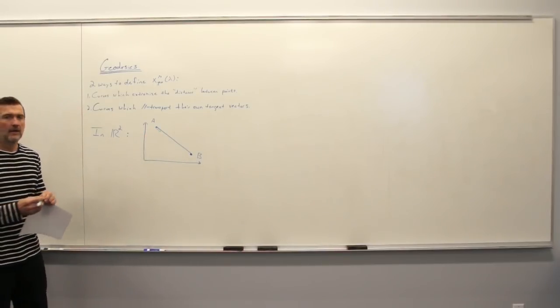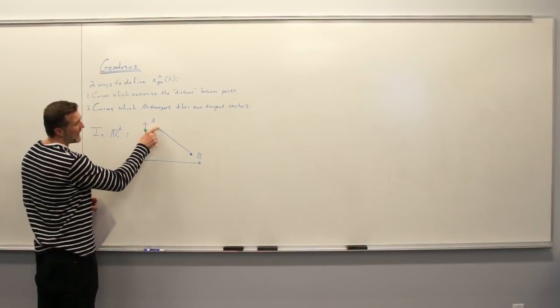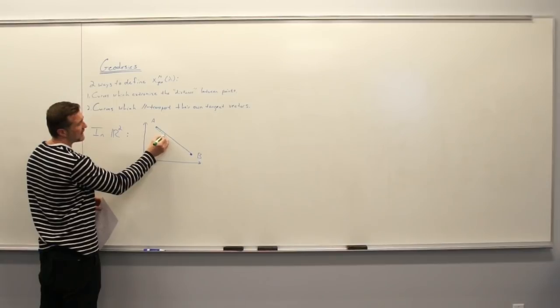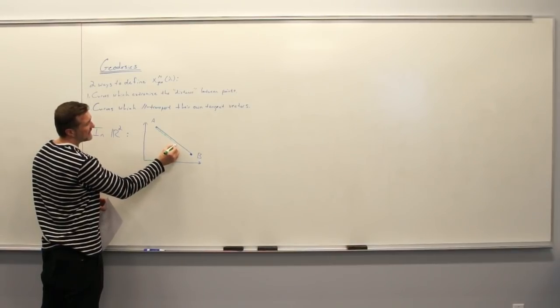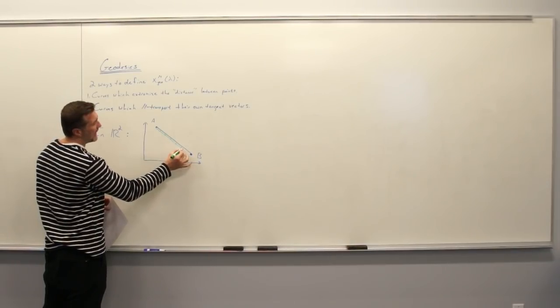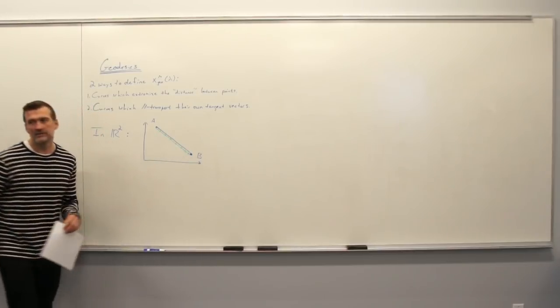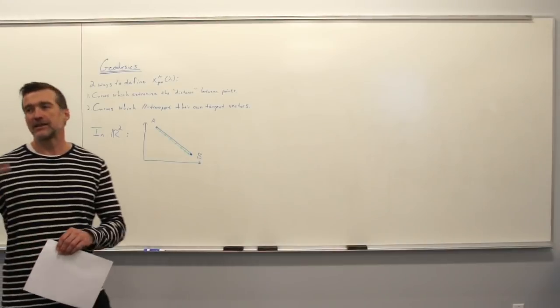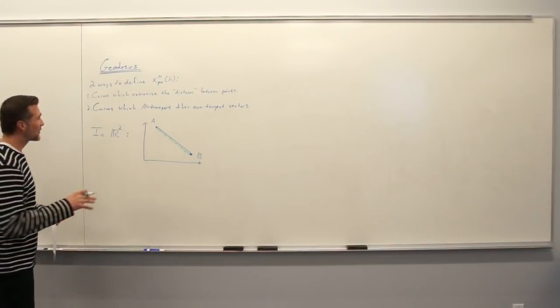Okay? Now, if I scoot down the path a little bit to another point and draw the tangent vector, what I discover is that as I move along the path, I end up with a sequence of vectors, each of whose tail is meeting the head of the other one. Exactly like a choo-choo train. Okay?